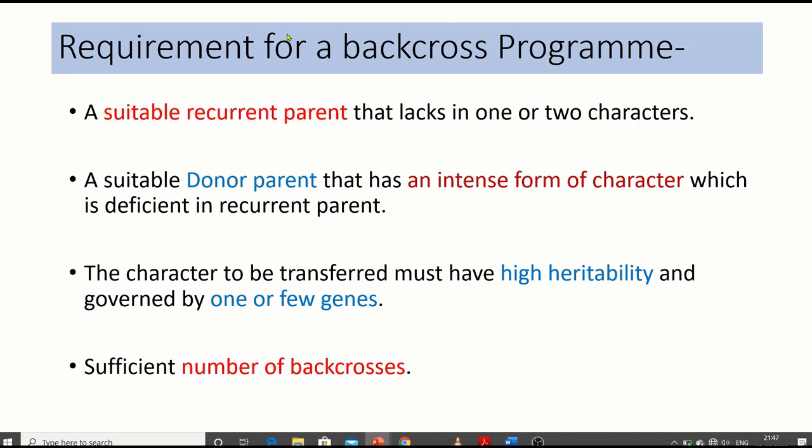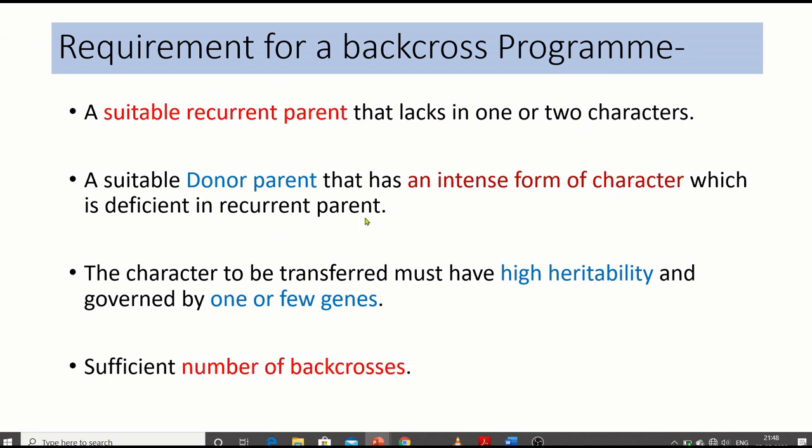So what is a backcross? We have already introduced backcross in the first slide, and it is the process of crossing between two parents. One of them is called the recurrent parent, which has all the agronomic characters except one or two characters, desirable characters which the breeder is wishing to transfer from the donor parent.